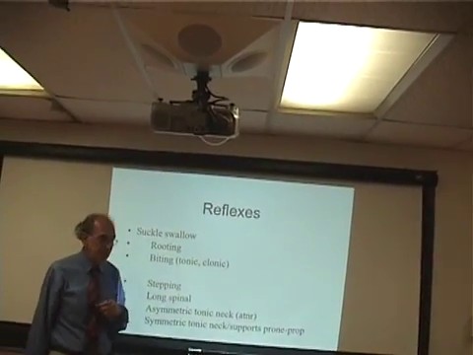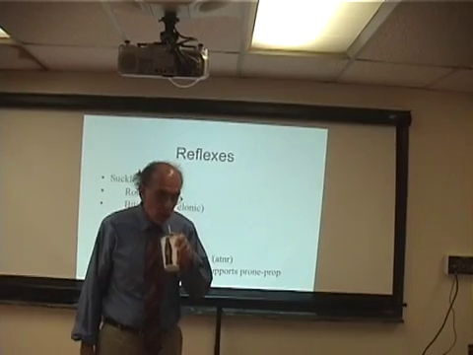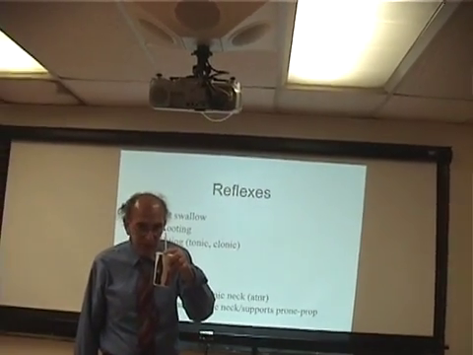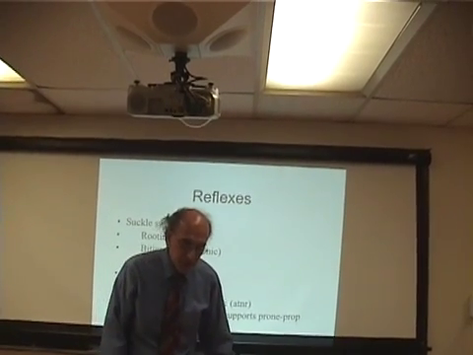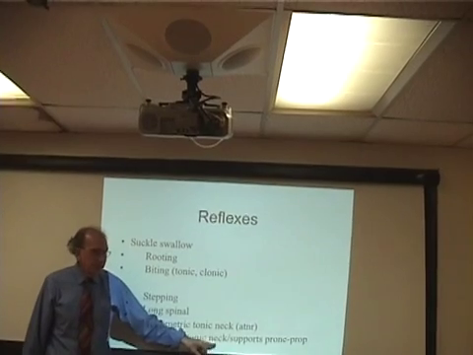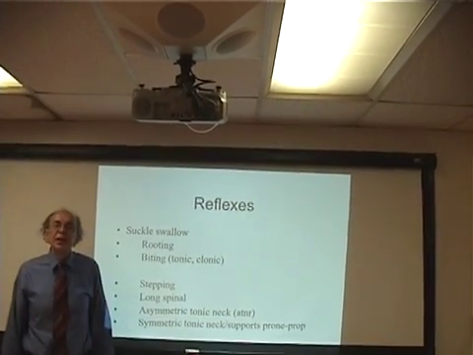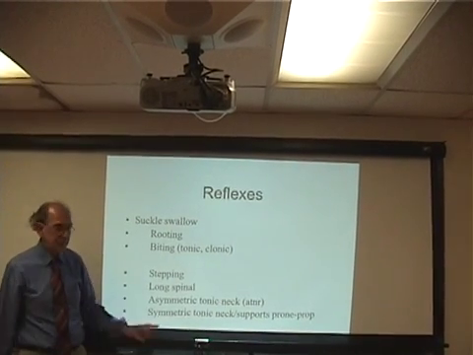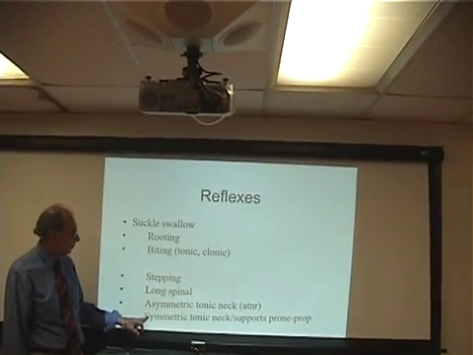But early on, for example, babies can breathe and drink at the same time. By 1 year, they can't do that. They have to sequence. Part of the neck development, this symmetric tonic neck reflex, which allows for extension of the head and neck, and prone prop supports that development.